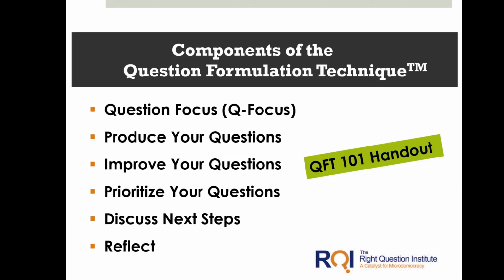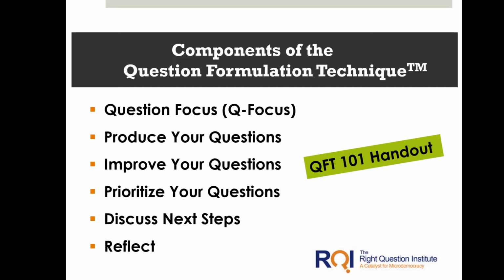So let's take a look at the components of the QFT. We actually have 6 components, and they are listed on that QFT 101 handout with a little more information than what I have time to give you today. So when we're looking at the 6 components, we have the question focus, the Q focus, and that sets the stage, and it is teacher design. And then we move to the students.